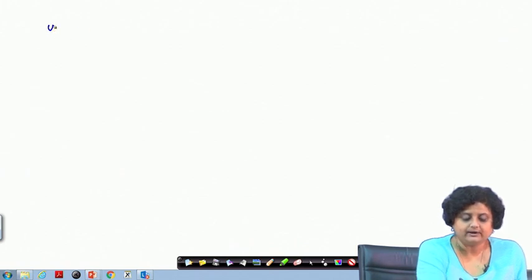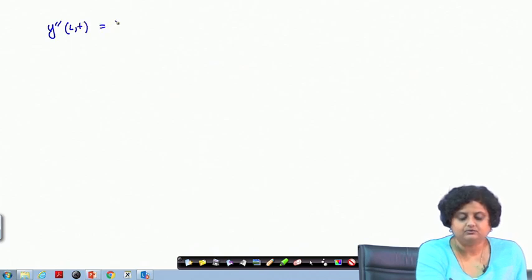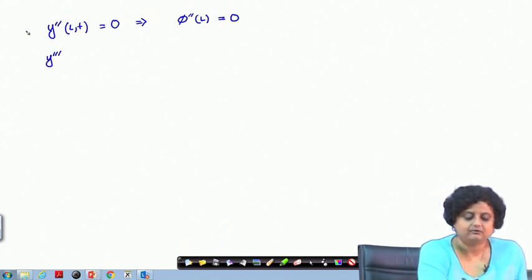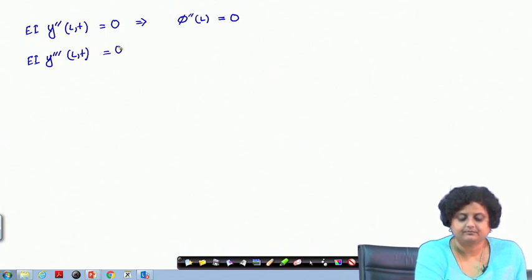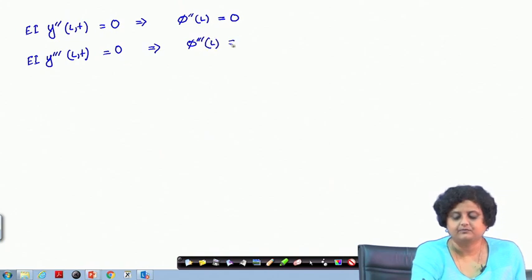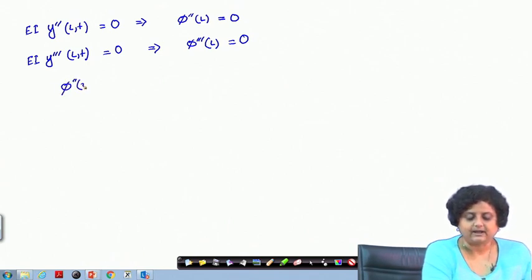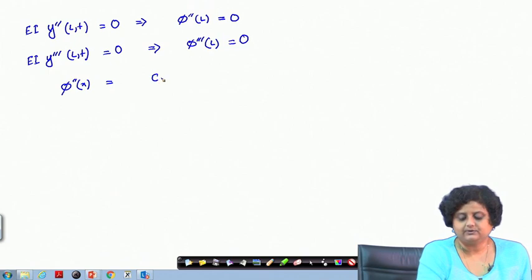So, the other two boundary conditions are y double dash L comma t is equal to 0. That implies phi double dash L is equal to 0. The other equation that I get is, of course, there is an E I here. Now, if I try to evaluate phi double dash x, what do I get? I get C 1.